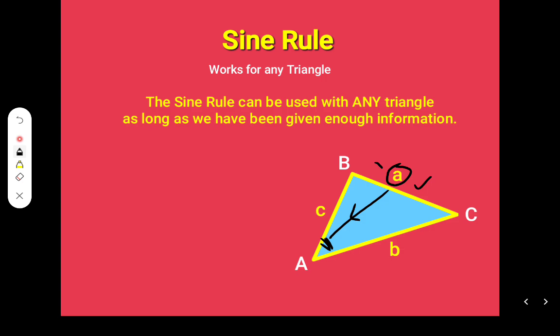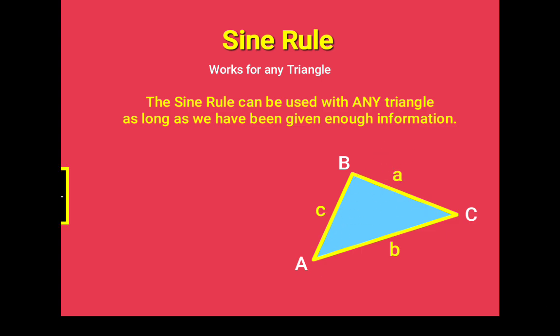The side which is directly opposite angle B is called side b, while the side directly opposite angle C is called side c. All right, I'm sure we are together there.